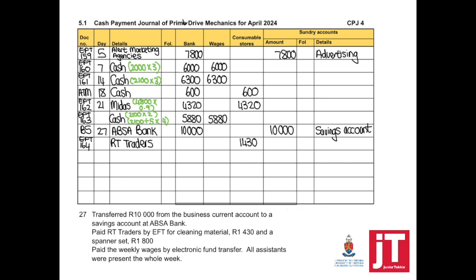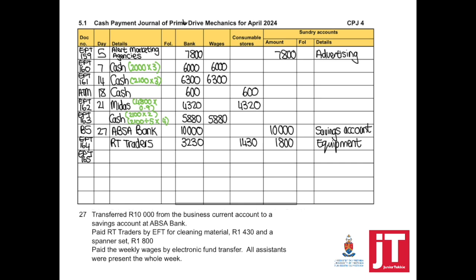Cleaning materials will go under consumable stores, 1,450. Then we have the spanner set. That will form part of my equipment, 1,800. In total, we've paid them 3,250. So please take note of my approach when I complete this.